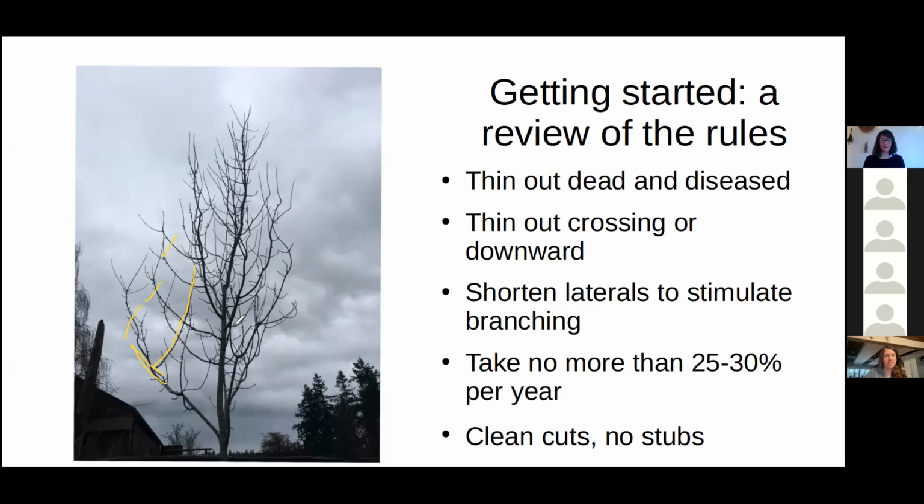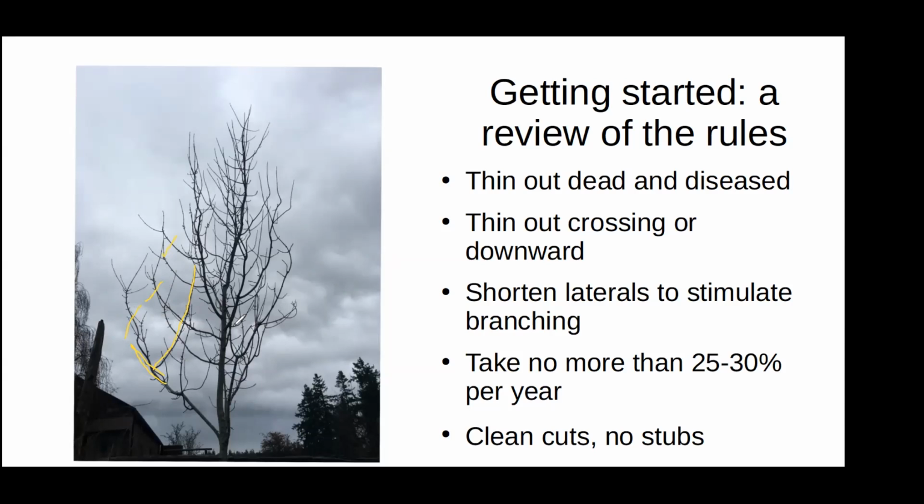If you're cutting 50% of the canopy off, you can expect the tree to go nuts next year and you'll have made a lot of work for yourself. So don't take more than 1/4 to 1/3 of the canopy per year. And just keep in mind, every cut you make, nice clean cuts, no stubs left behind.